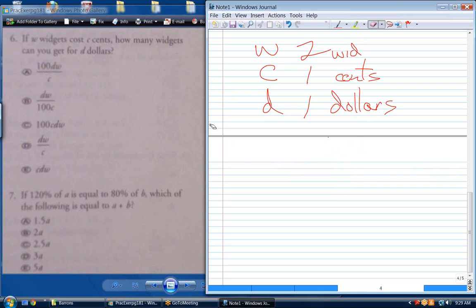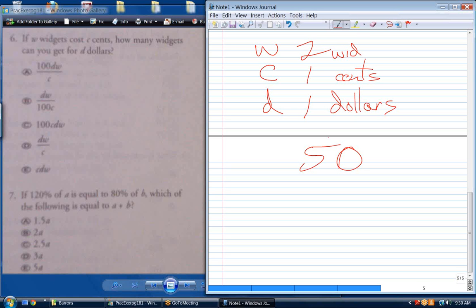Let's see. We got 2 widgets for a penny each. I'd be able to get 50 of them for $1, right? Yep. You got 100 cents. If 2 widgets cost, notice, again, I made the same kind of mistake I made the last time we had one of these problems.